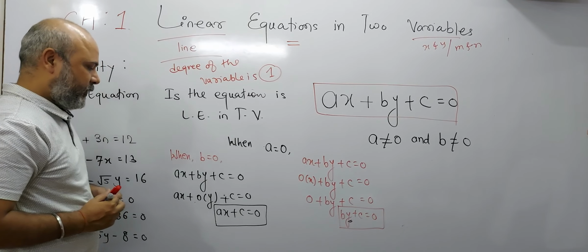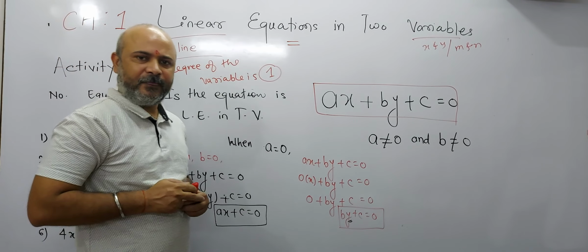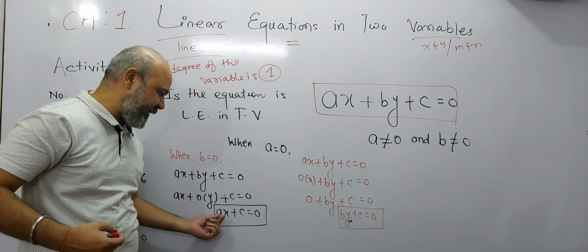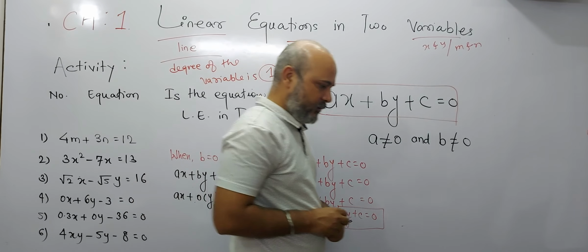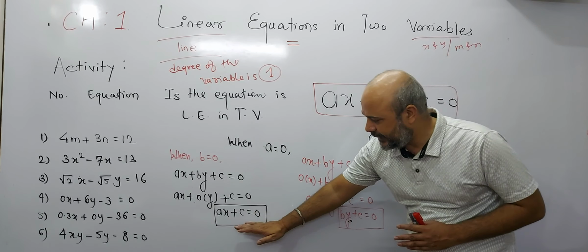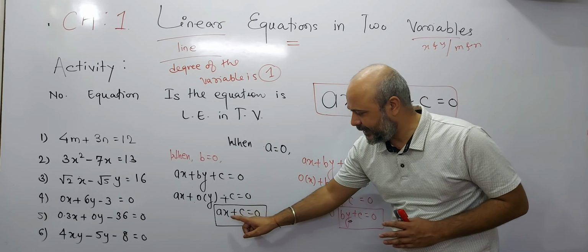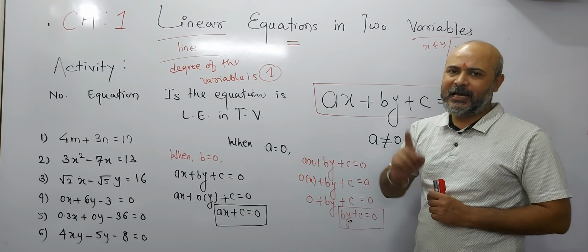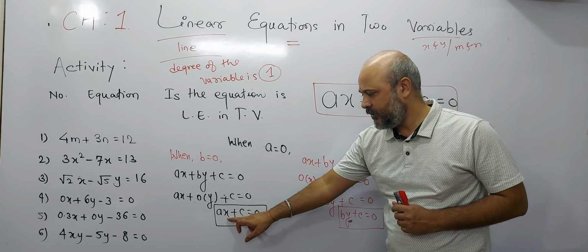And when you observe this equation, ax plus c equal to 0, you will come to know this is again a linear equation in one variable, that is x. X is only one variable.